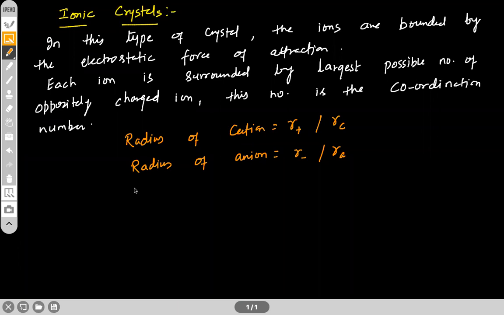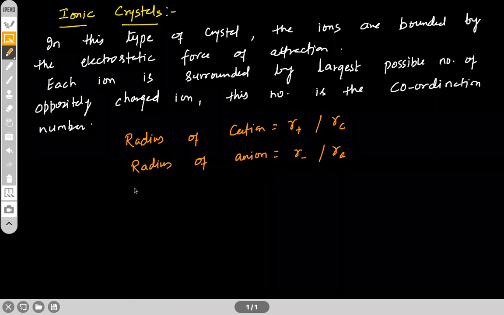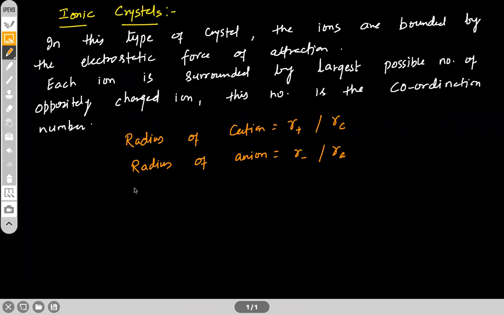Like atoms are arranged and voids are there, right? Now you replace those atoms by one of the ions, which is usually an anion. So atoms are replaced by anions, and the cations are present in the voids in general, not always, because cations are smaller in size, so they occupy the voids present in the crystal.